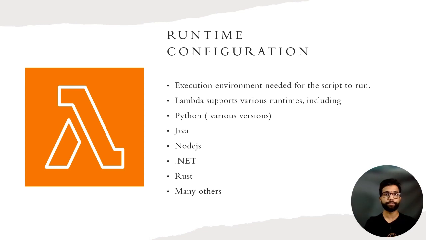And this Lambda function supports various runtime environments. As you can see on the screen, it supports Python of various versions, Java of various versions, Node.js, .NET, and many other runtime environments. And in general, whenever these runtime configurations are configured, by default, the configuration will have the default packages which are present in those specific programming languages' environment.